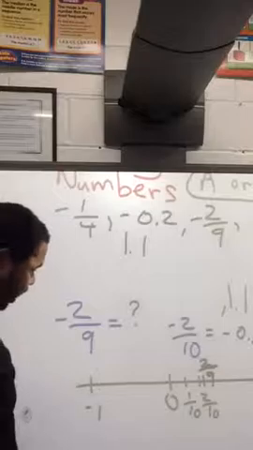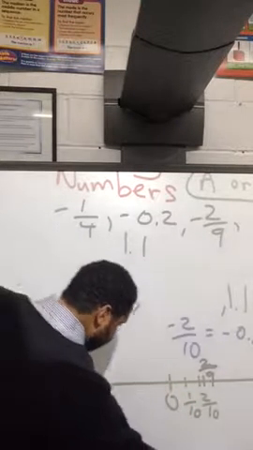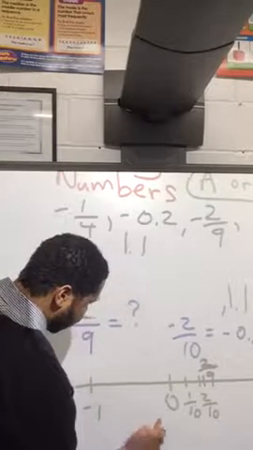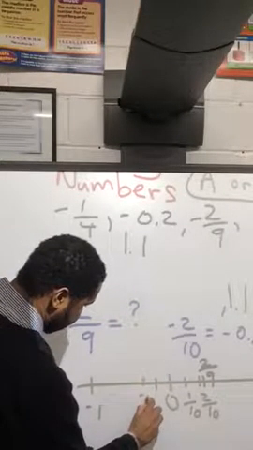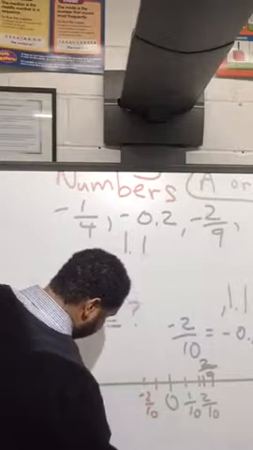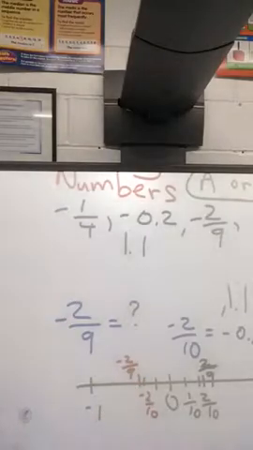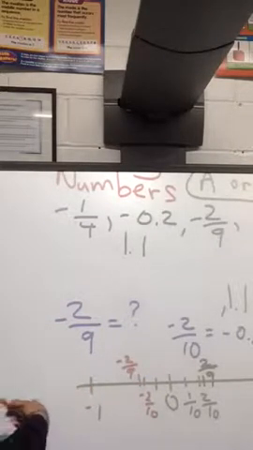And now I can see that if I do the same system, I'm going to have -1/10, -2/10, and right here I'm going to have -2/9. Got it? So -2/9 is farther left.